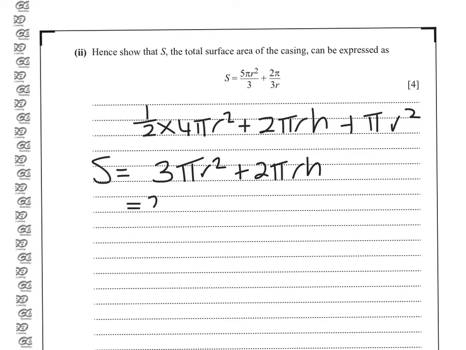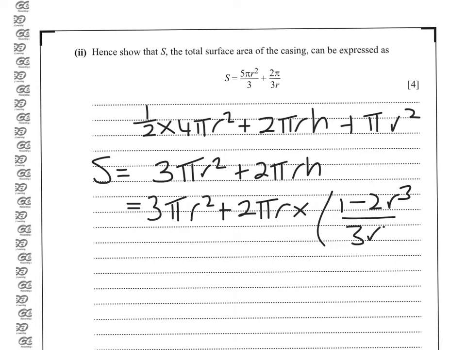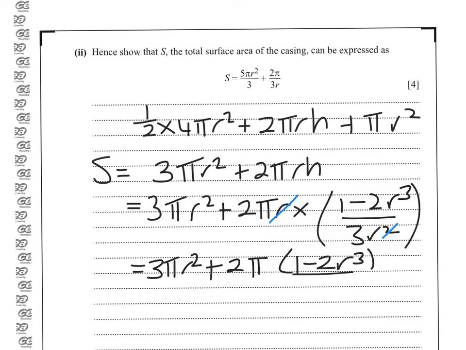We're now going to take the answer to part 1 and replace the h with 1 minus 2r cubed all over 3r squared. In this, the r cancels with the r squared and leaves us with 3 pi r squared plus 2 pi upon 1 minus 2r cubed all over 3r.